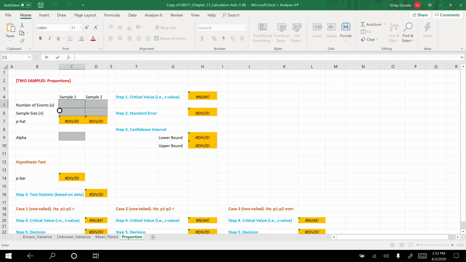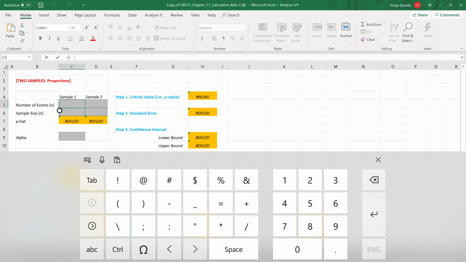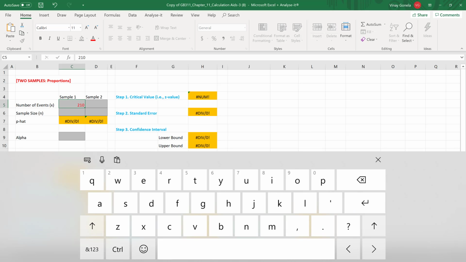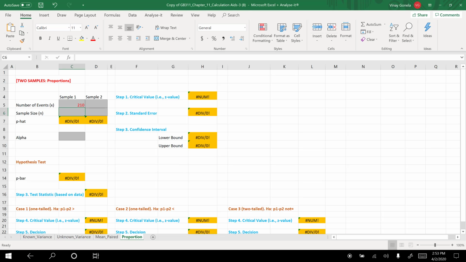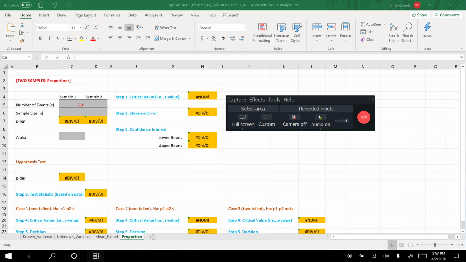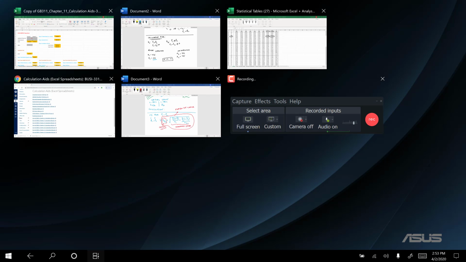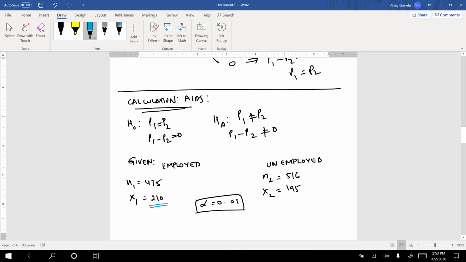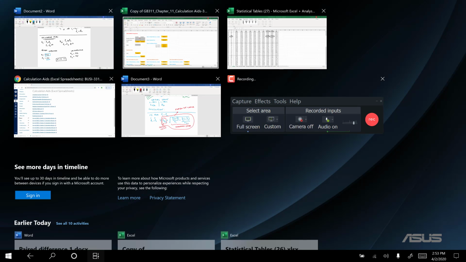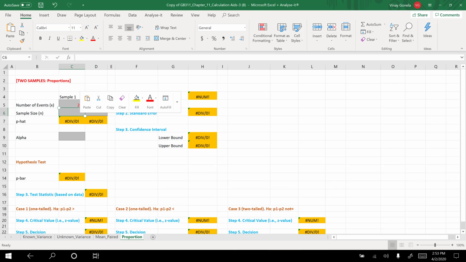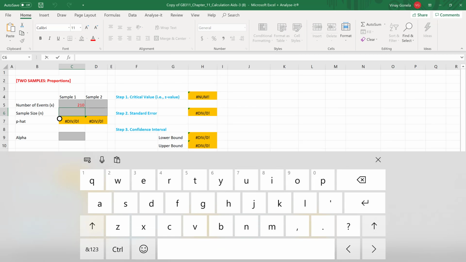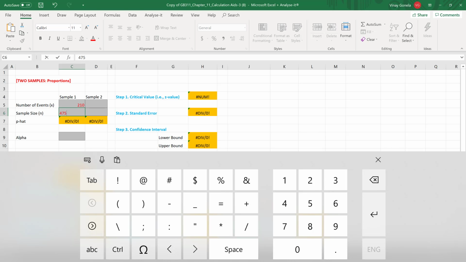Yeah, number of events x for this is 210, and then enter, and then the sample size, that is n1. So the sample size n1 is 475.